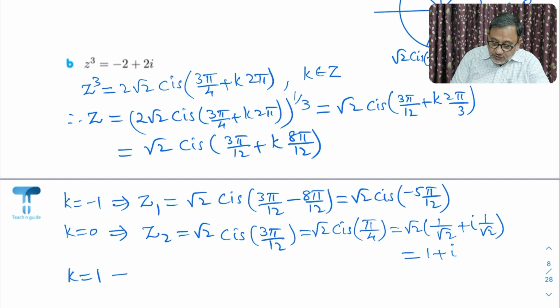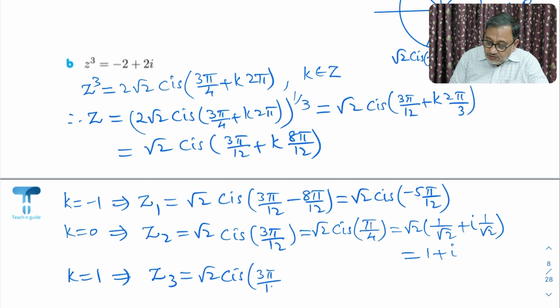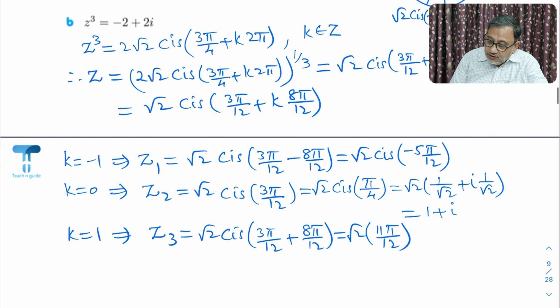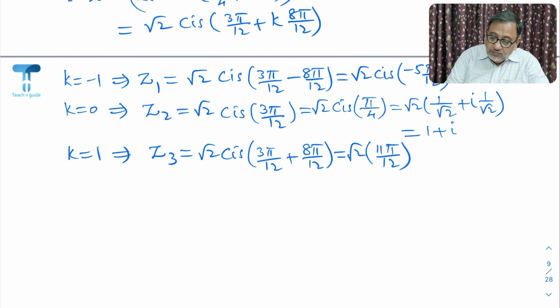And k is equal to 1 I will substitute, so z3, third root, root 2 cis, now here k will be replaced by 1, so therefore 3 pi by 12 plus 8 pi by 12, so 11 pi by 12 it will be, okay, and 11 pi by 12 is in the second quadrant, so we will keep it as it is. So like that we got 3 cube roots of z, and I want to plot them here.